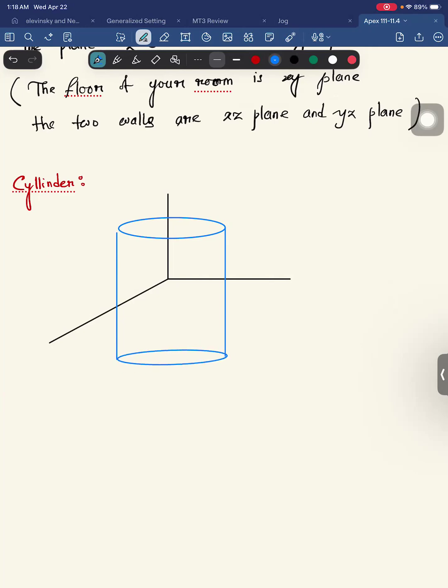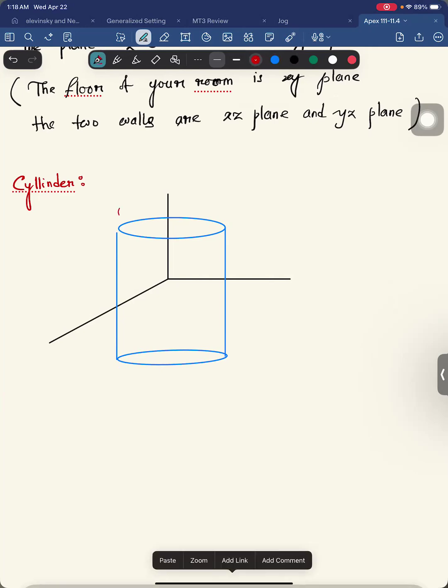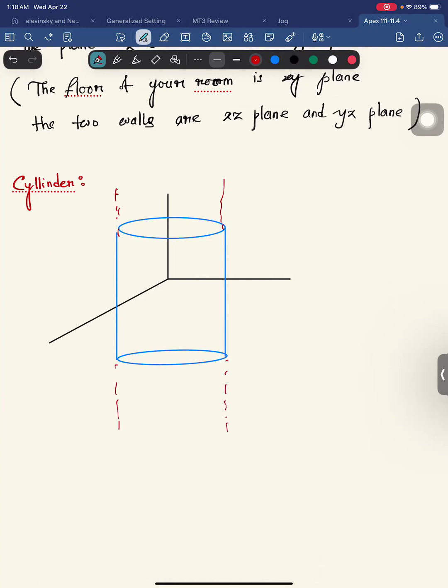Okay. Now try to lift it. Okay. Look at the textbook picture. Okay. So what is a cylinder?